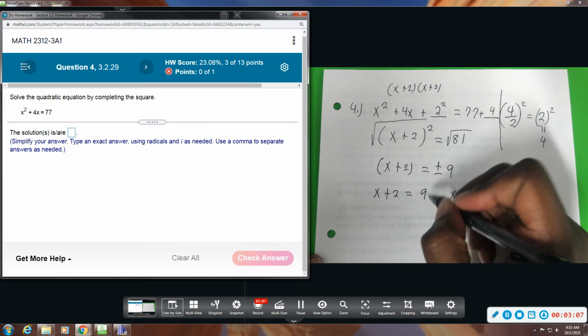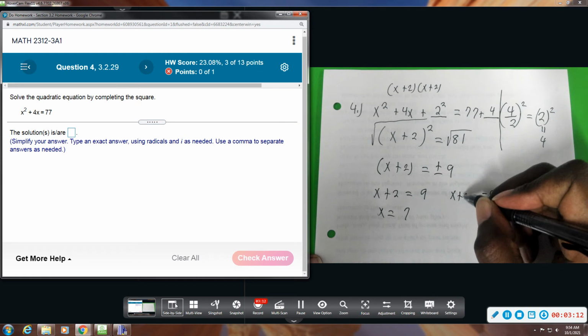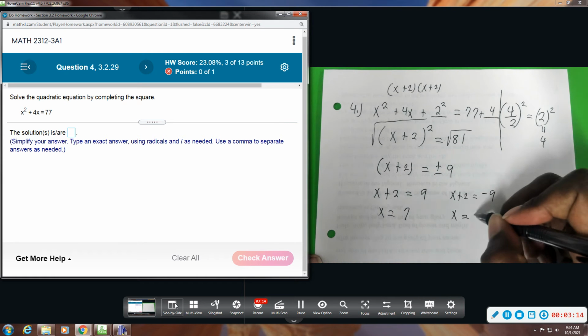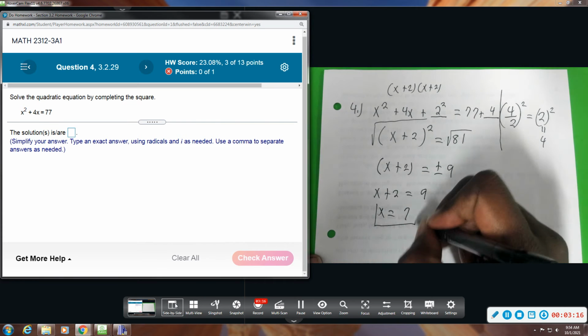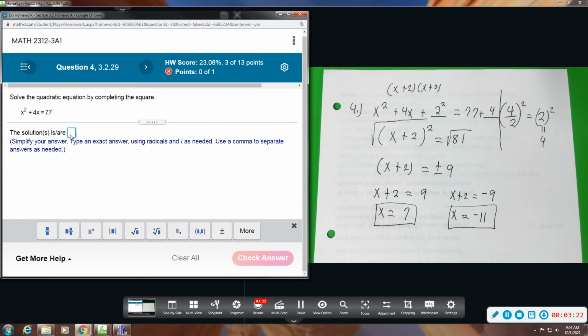When I subtract 2, that will give me x equals 7, and then when I subtract 2, x equals negative 11. So 7 and negative 11.